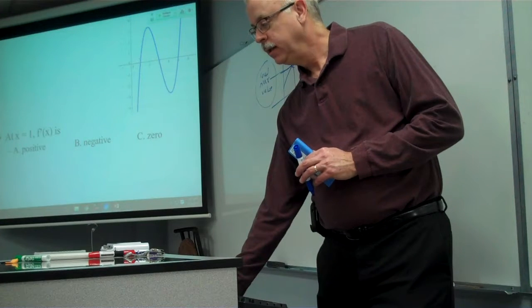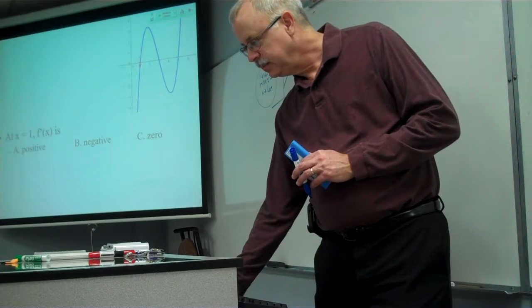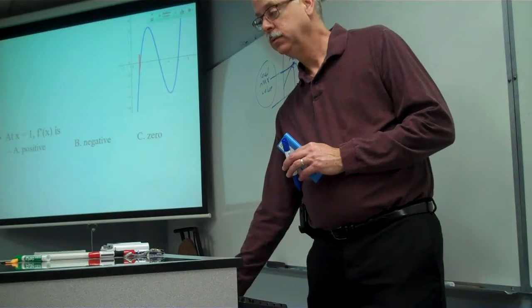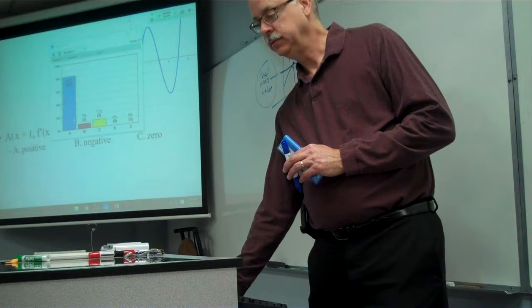So we're at 1, the tangent line is something like that. That's a fairly steep positive slope. So our slope is positive, which is what most of you said.